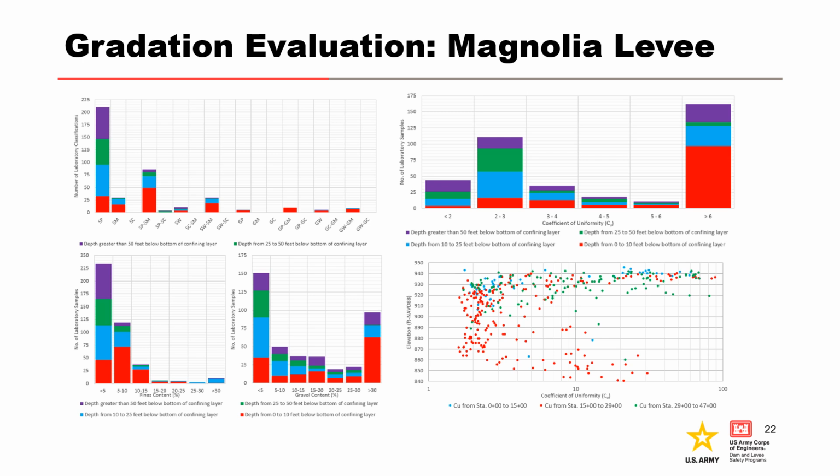These figures from Magnolia Levee show how USCS group symbols, fines content, gravel content, and coefficient of uniformity were binned, as well as a scatter plot showing the distribution of coefficient of uniformity based on ground surface elevation.